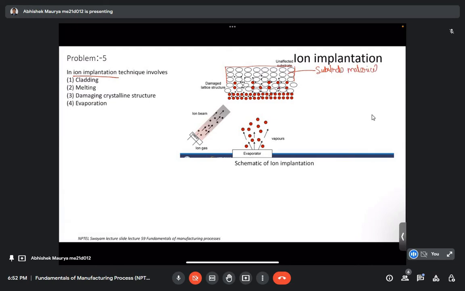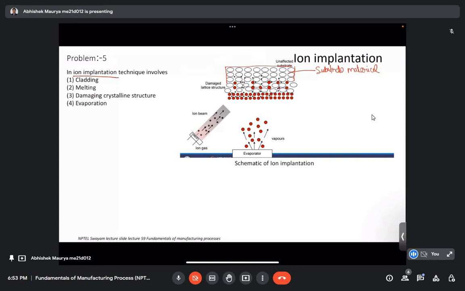Ion implantation is a method to improve the surface properties by changing the chemical composition. Most of the time, the chemical composition of the surface of the material gets changed. So what we are doing is trying to deposit, or mix, material near the surface with some other materials, so that the properties of the substrate material get improved.